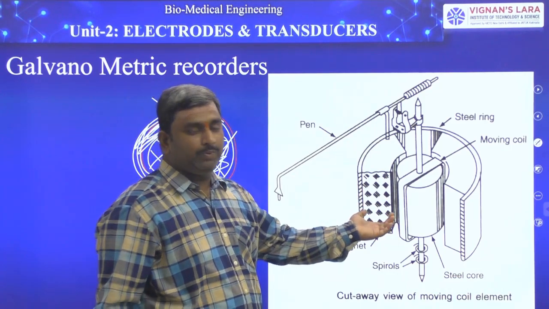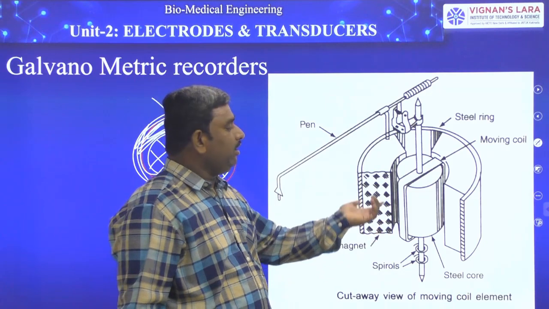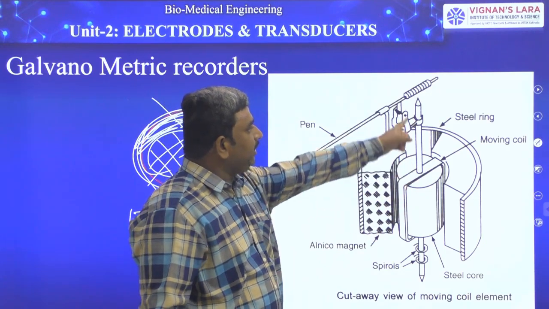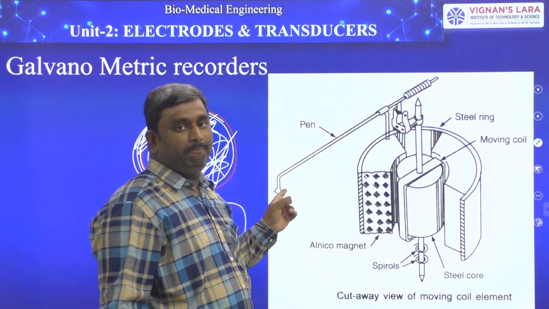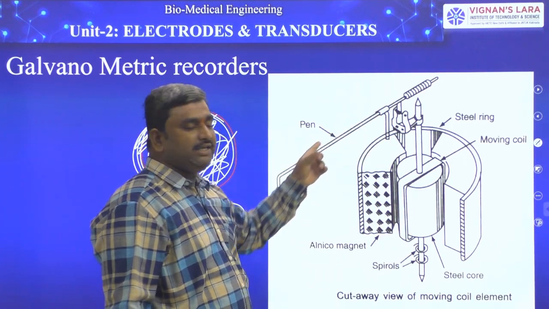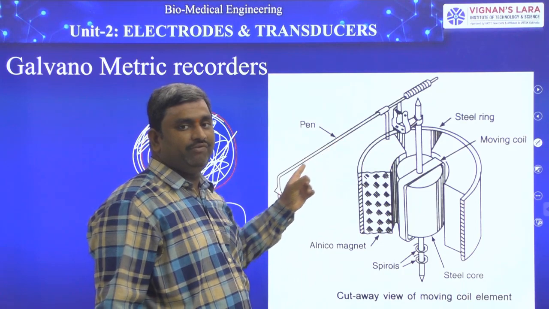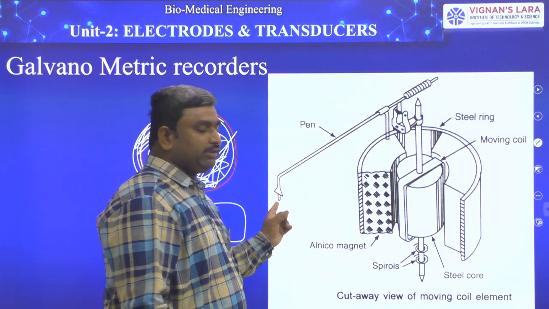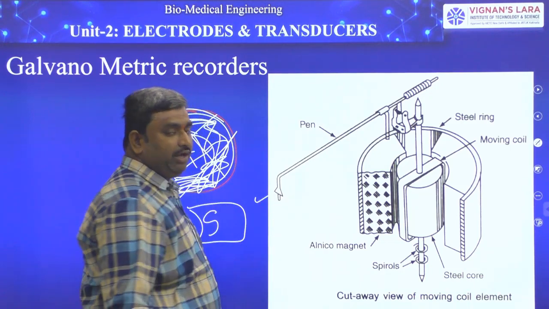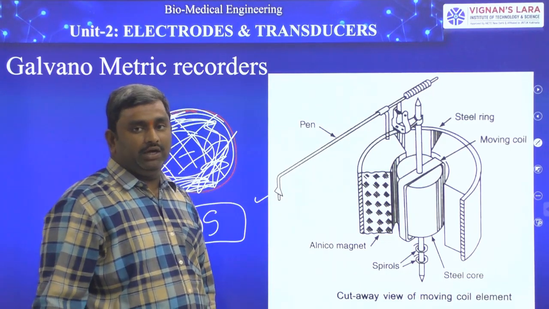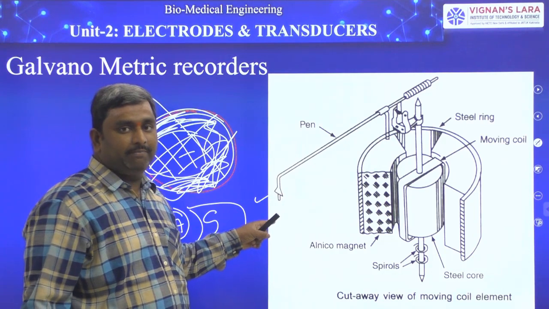Now the same principle I am applying here, and in place of the armature I have connected a pen. This pen is connected with an ink bottle. The ink comes out at this place, and here I am connecting my paper.